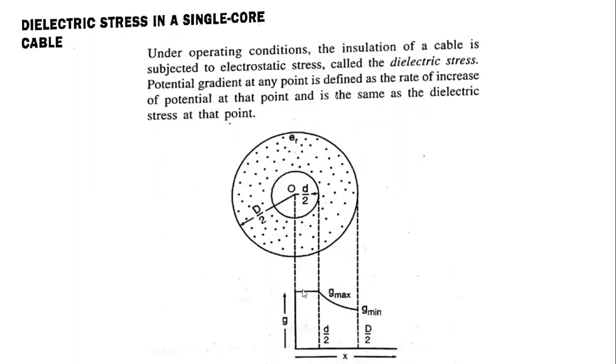And this is the G max value and this is the G minimum value, the dielectric stress maximum and the dielectric stress minimum. This is small d by 2 and this is capital D by 2.